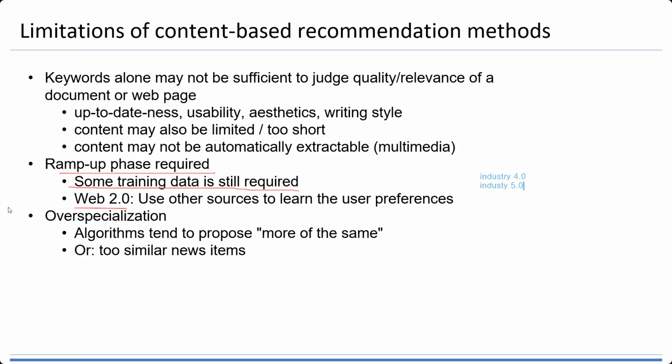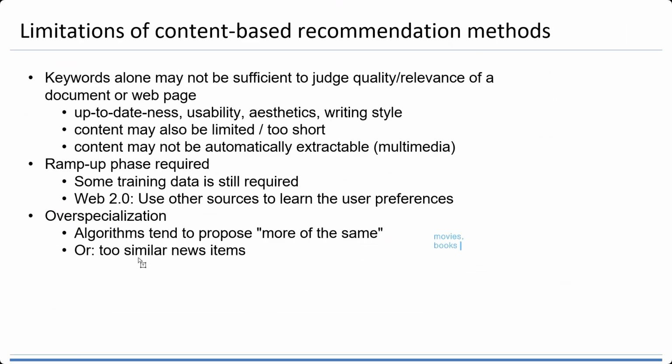Or there might be some over specialization. Over specialization means the algorithms tend to propose more of the same. More of the same means we just use the algorithm only for a specific domain, maybe only for movies. But when you put the data from books, it is not relevant.